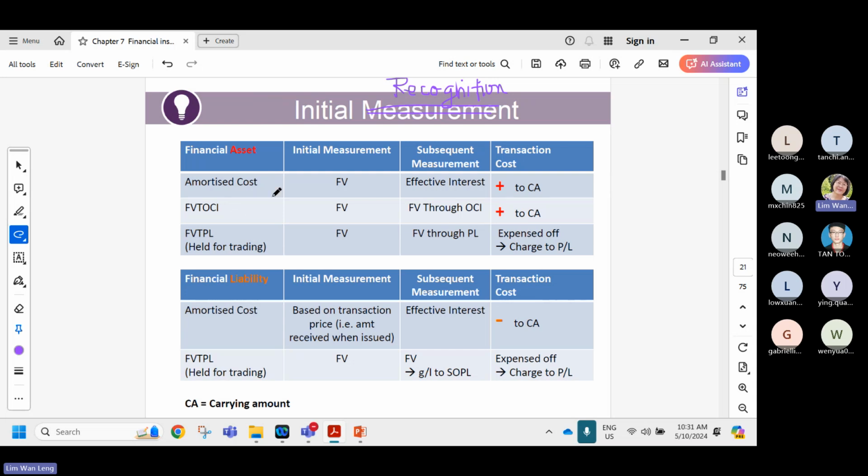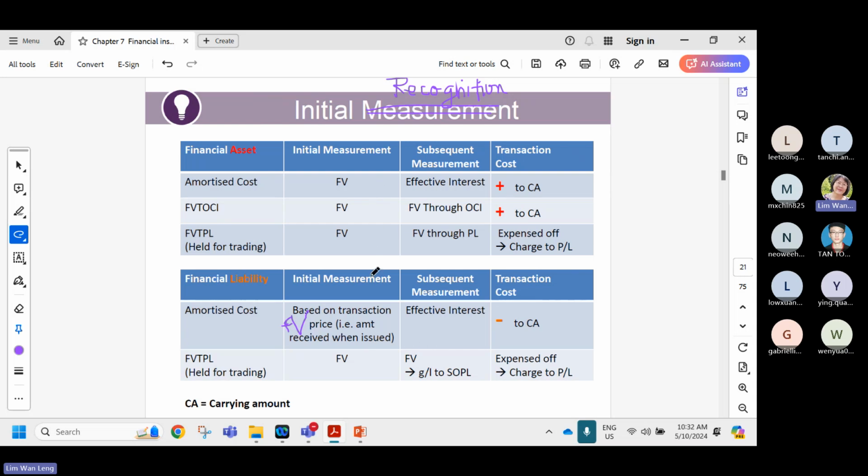Okay, so they tell you, you see all initial measurement, whether it's a financial asset captured at amortized cost, fair value through OCI, or fair value through the profit or loss, you will find that all are initially measured at fair value. This is also fair value because they say based on transaction price, which means the amount received when issued is also the fair value.